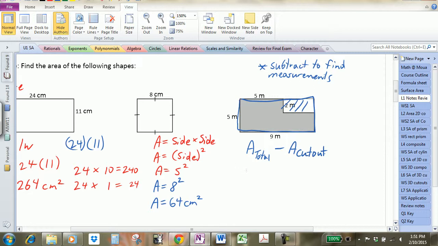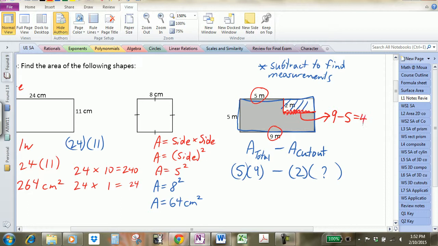So the area of the total would be 5 times 9. Minus the area of the cutout, that would be 2 times what? Well, I don't know. How'd you get this 4? How'd you get this measurement? It was 5 at the top and 9 at the bottom. That's right. 5 at the top, 9 at the bottom. So we have to take the 9, subtract the 5, and we have the leftover part right here.